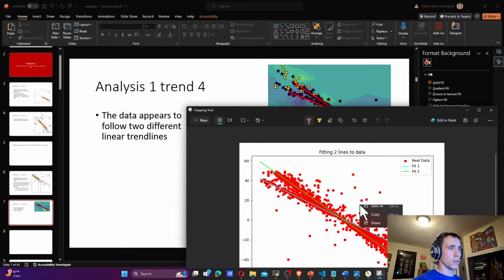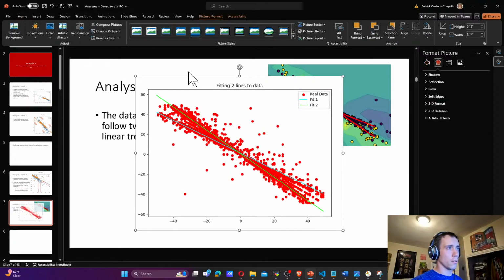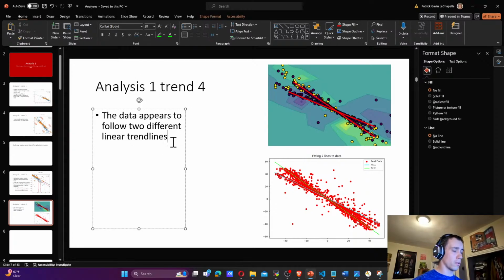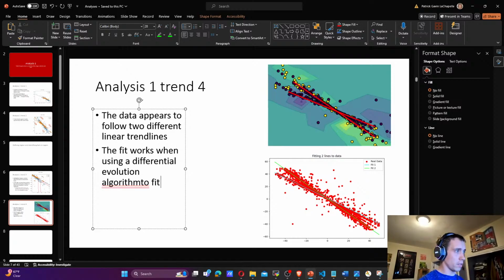Now when we, okay, now you say the fit works when using a differential evolution algorithm to fit the data, and focusing on data with an absolute value less than 50 on either axis.